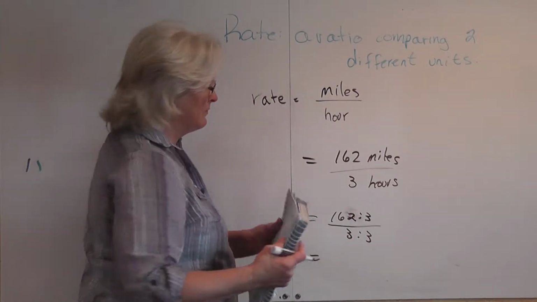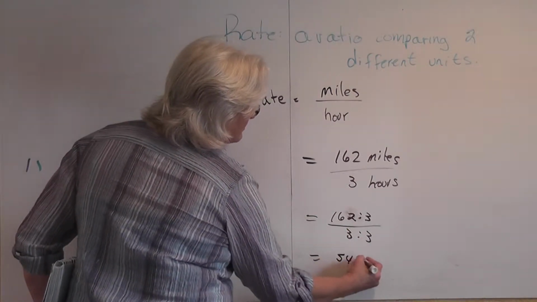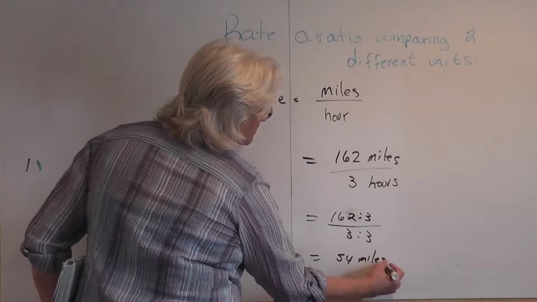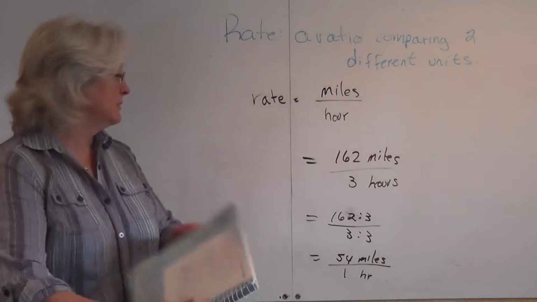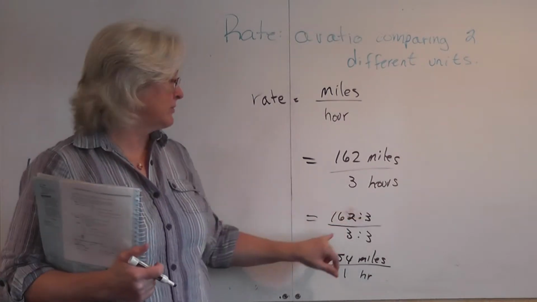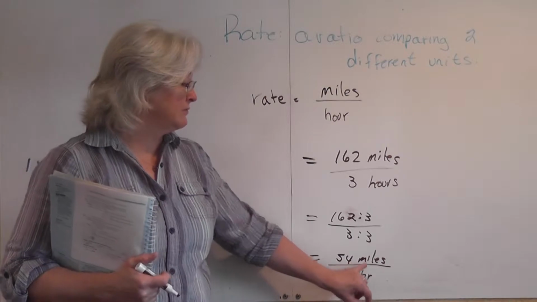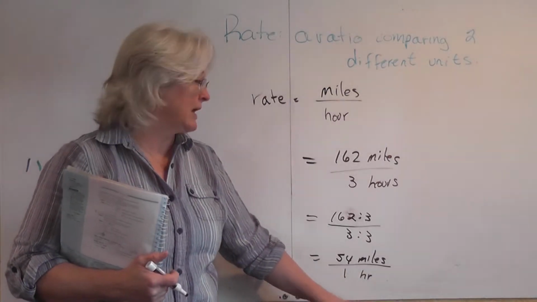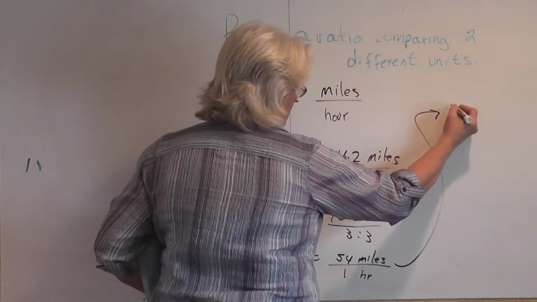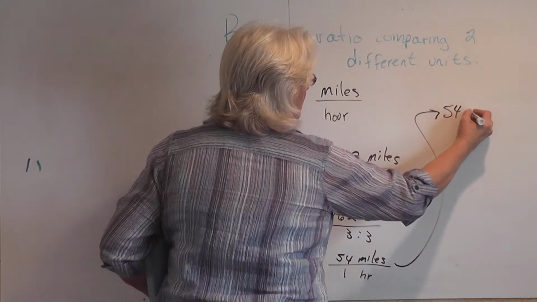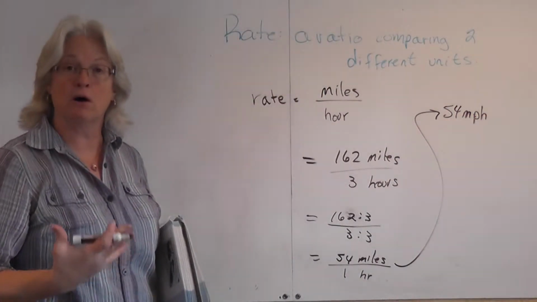No, it's 54 miles in 1 hour. 162 divided by 3 is 54. 3 divided by 3 is 1. So we have 54 miles divided by 1 hour. Our rate is 54 miles per hour.